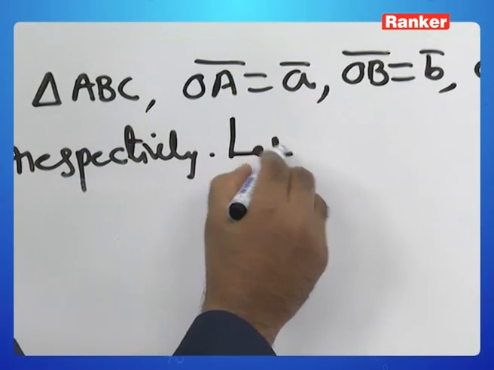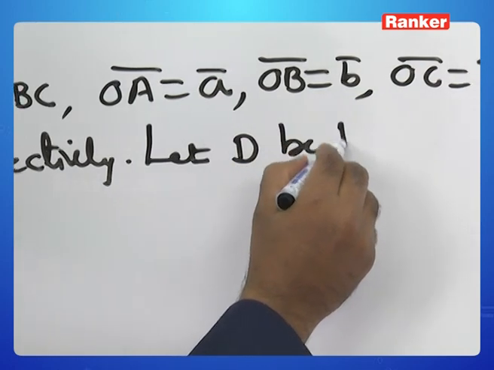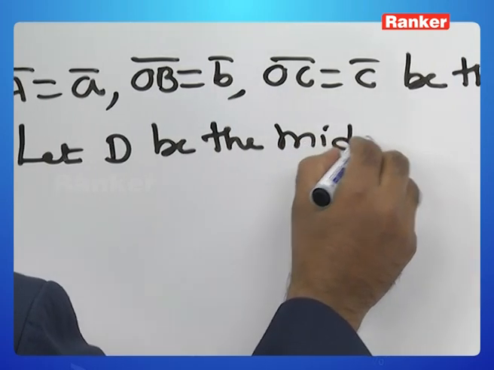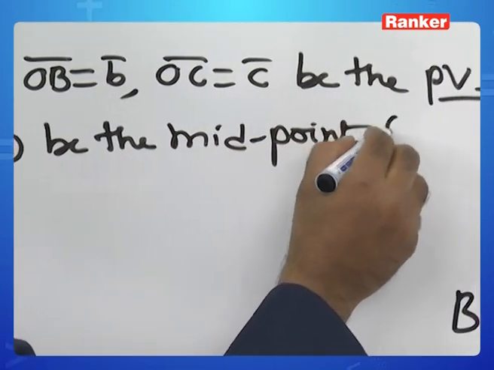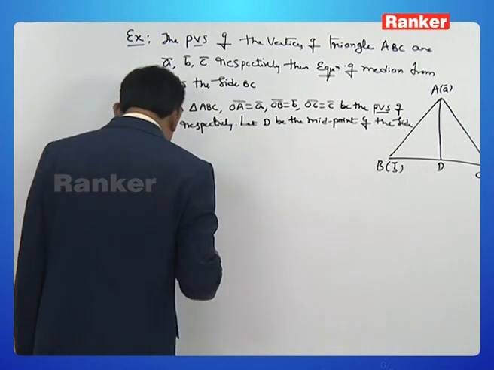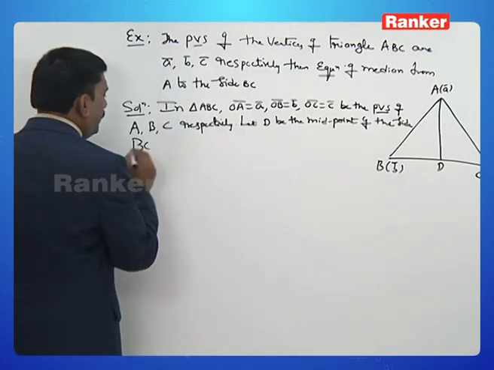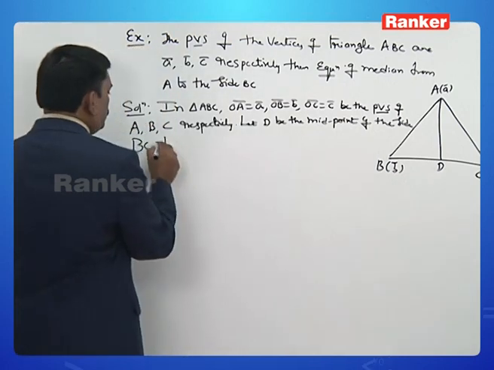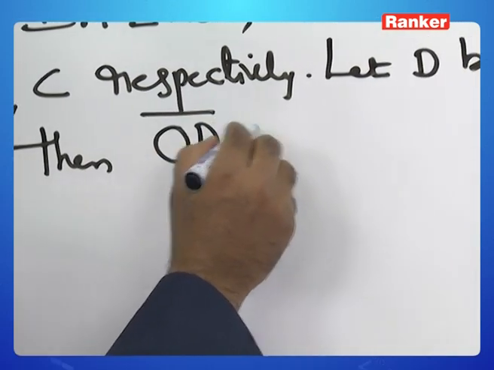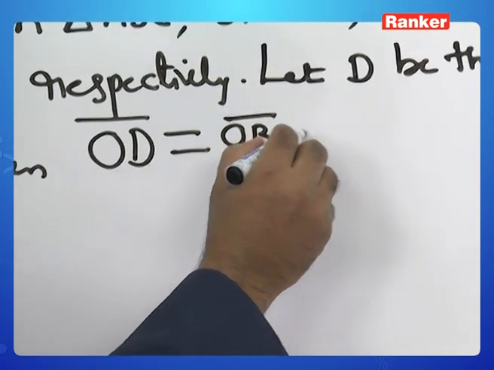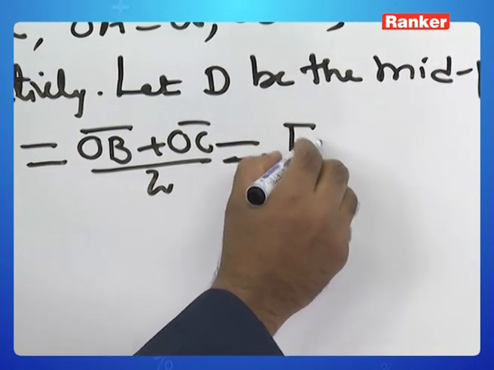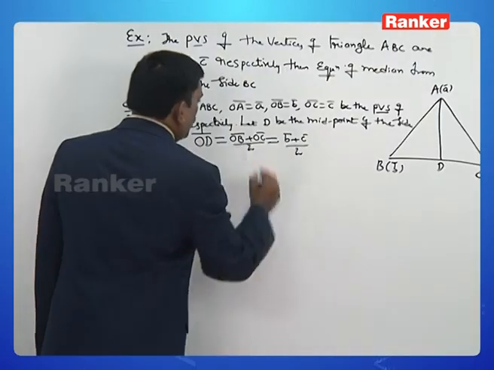Let D be the midpoint of the side BC. Then by definition the position vector of a midpoint, OD bar, is equal to (OB bar plus OC bar) by 2, which implies (B bar plus C bar) by 2.